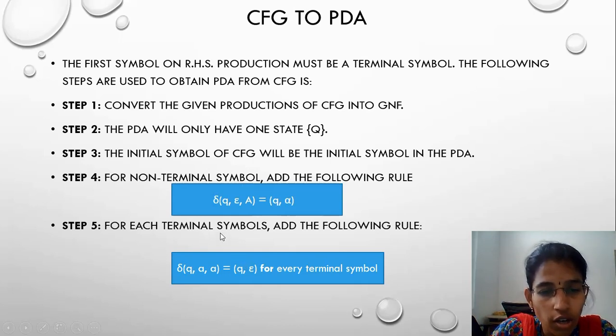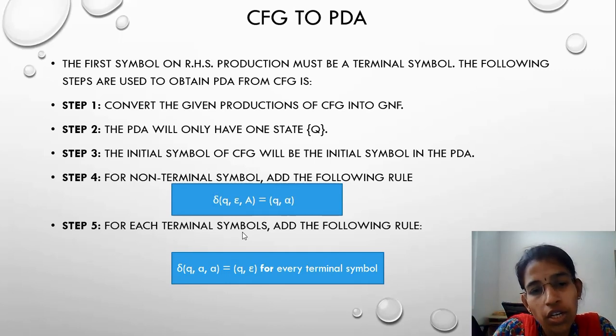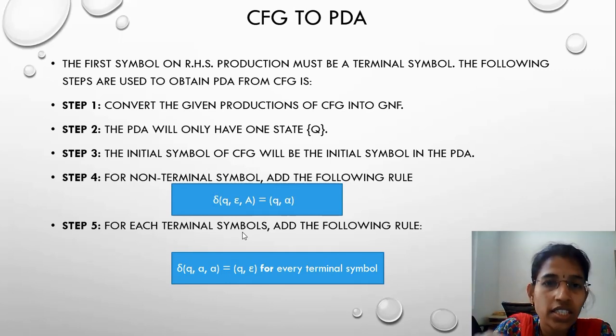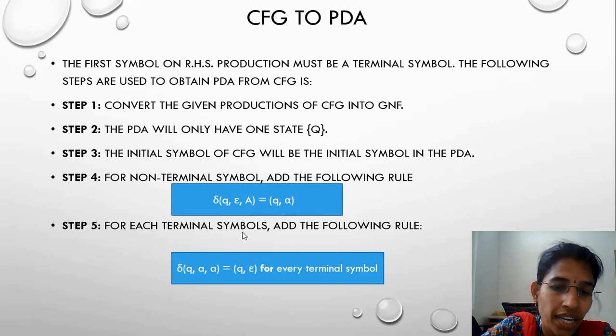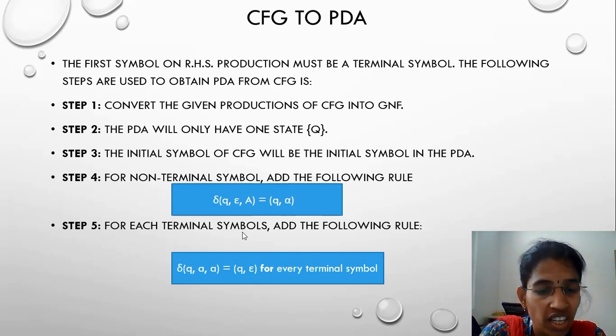The second rule is for terminal symbols. We check how many terminal symbols are available in the CFG, and we write the PDA rule. Transition Q, a tends to Q, epsilon. The first one points to the state, the transition state name.